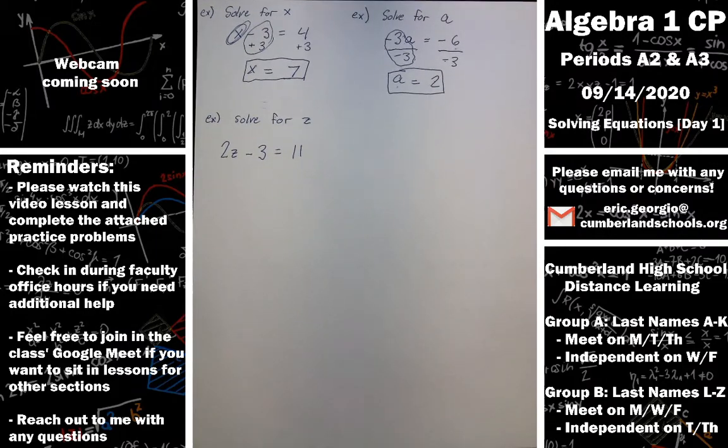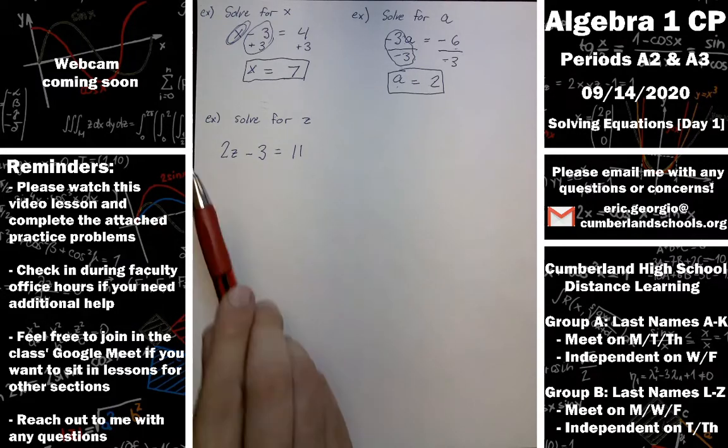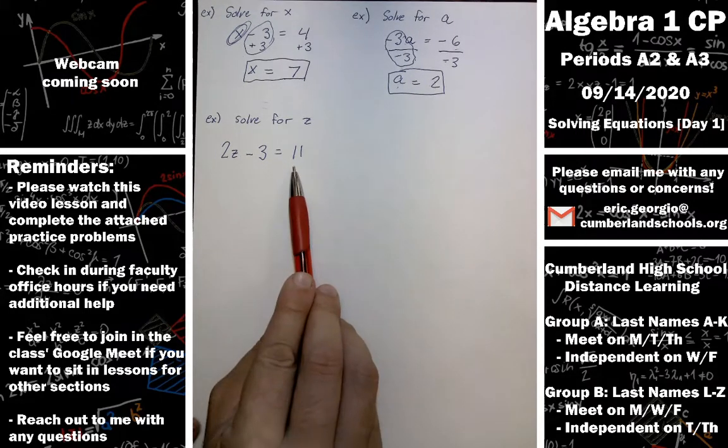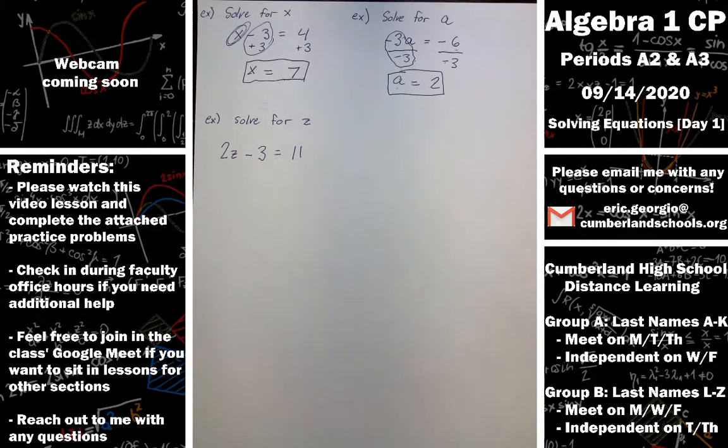Again, you may be able to look at that and start thinking about it and do it in your head, where you're thinking to yourself, 2 times some number minus 3 is going to give us 11. You might figure it out a little bit. You might be like, well, 2 times 5 is 10, minus 3 is 7. So it's not 5, but it's pretty close to 5 probably.